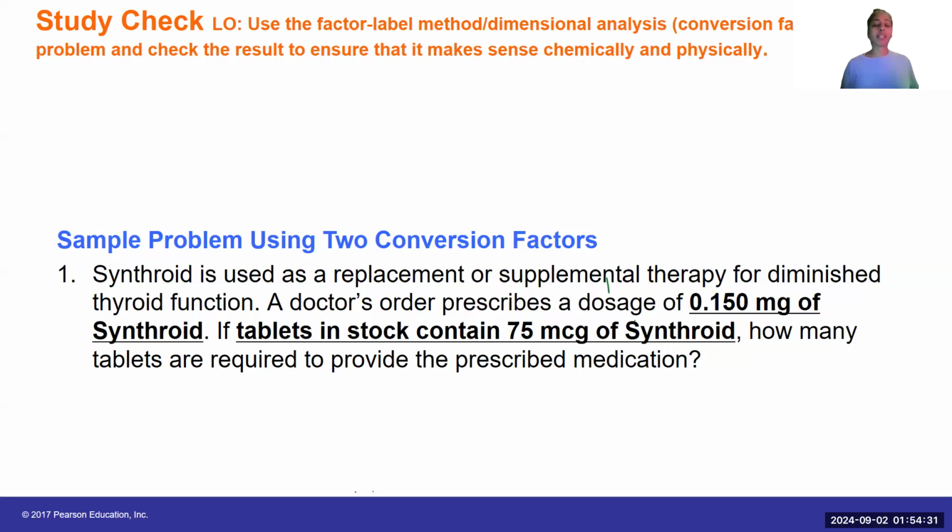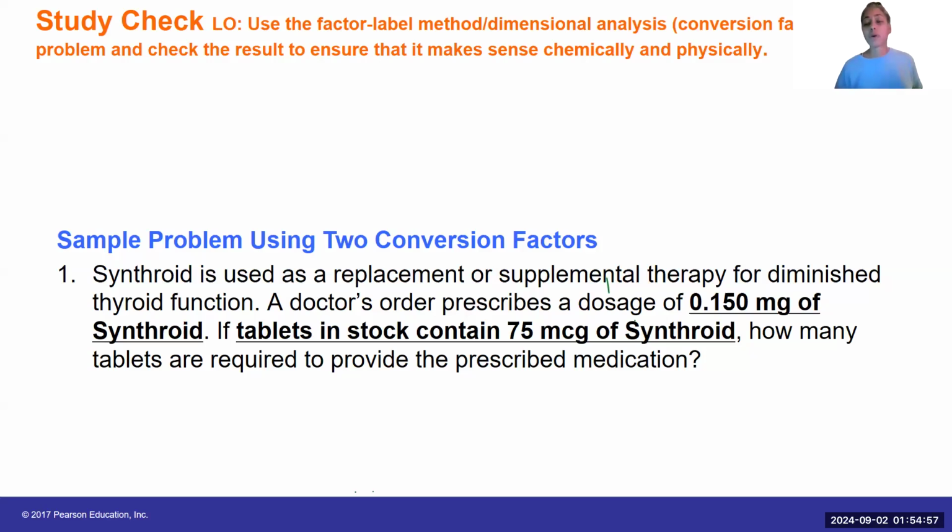Synthroid is used as a replacement or supplemental therapy for diminished thyroid function. A doctor's order prescribes a dosage of 0.150 milligrams of Synthroid. If tablets in the stock contain 75 micrograms of Synthroid, how many tablets are required to provide the prescribed medication? This is also a dosage calculation.